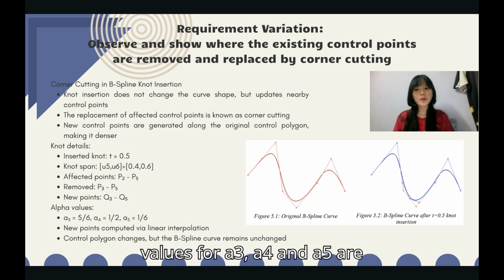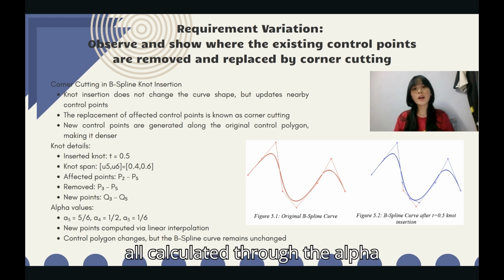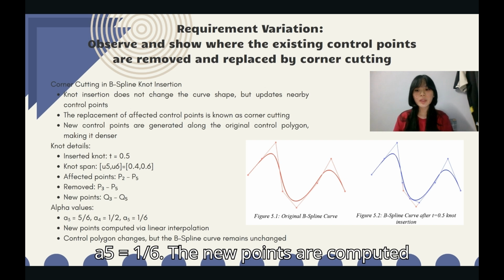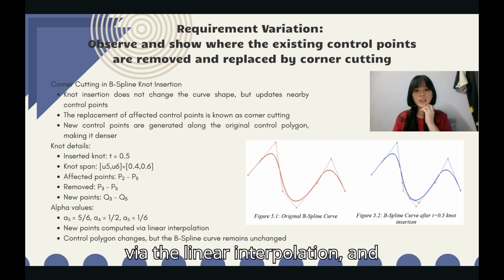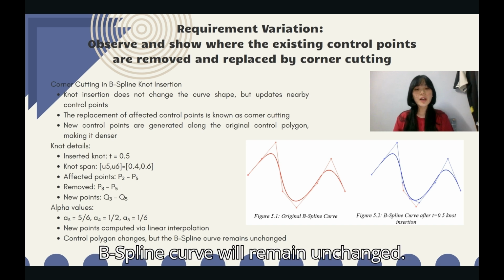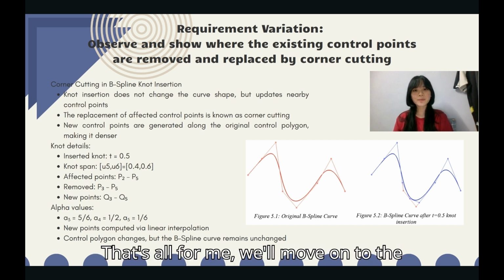The alpha values for A3, A4, and A5 are all calculated through the alpha coefficient formula, and A3 equals 5/6, A4 equals 1/2, and A5 equals 1/6. The new points are computed via linear interpolation, and the control polygon will change, but the B-spline curve will remain unchanged. That's all for me.